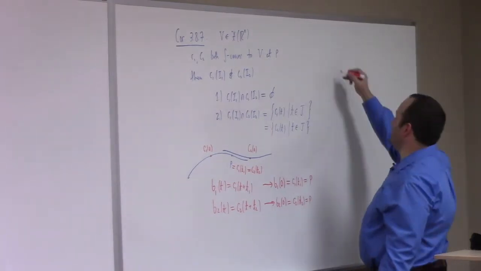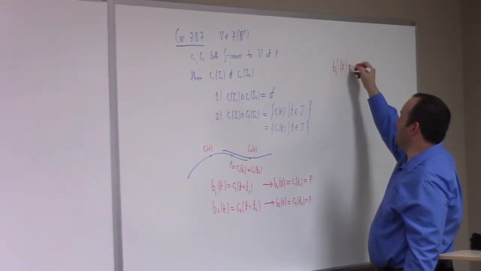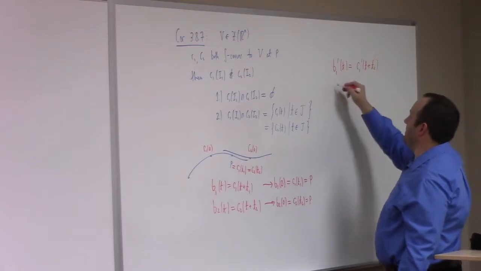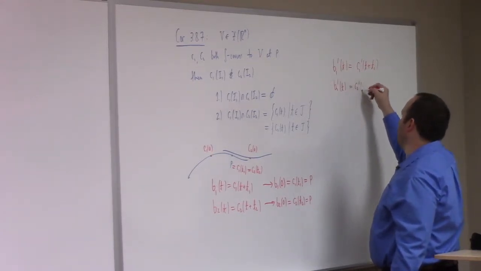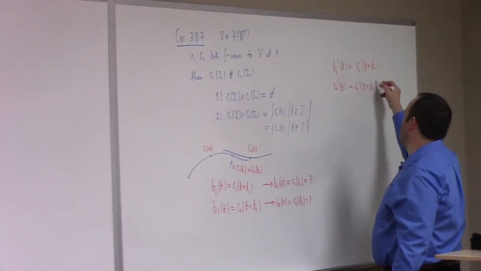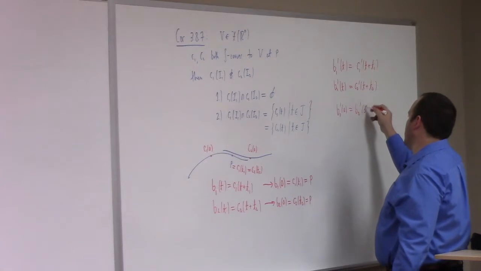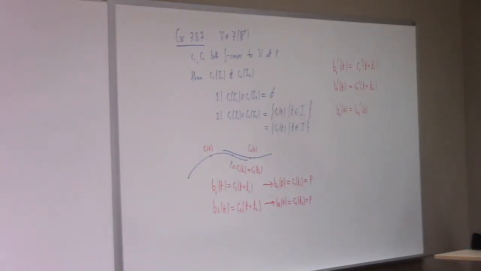And what's B1 prime? B1 prime of T is C1 prime of T plus T1, and B2 prime of T is C2 prime of T plus T2. Anyway, my point is that B1 prime of 0 is equal to B2 prime of 0. How do I know that?